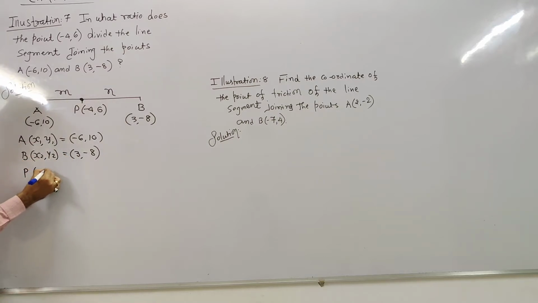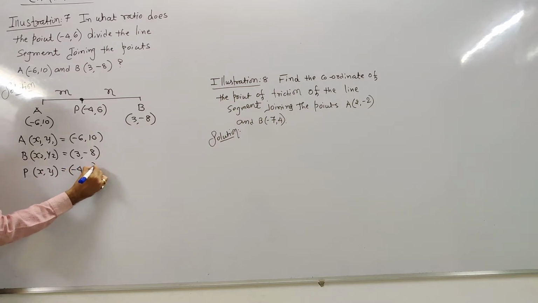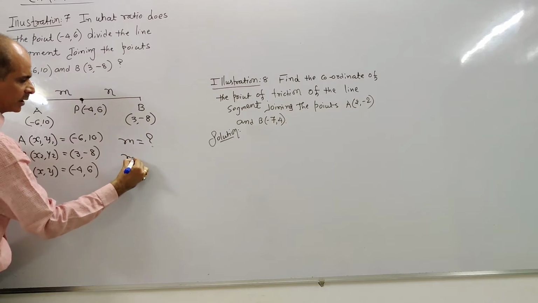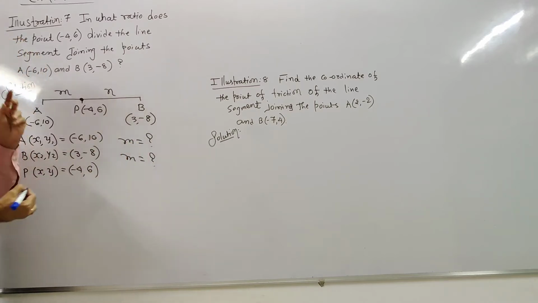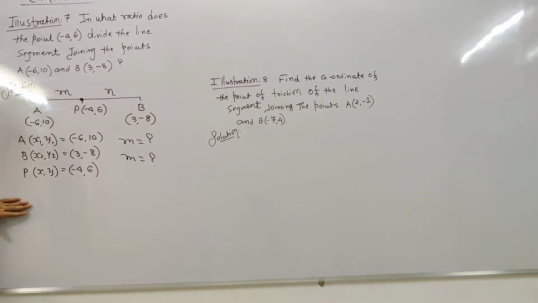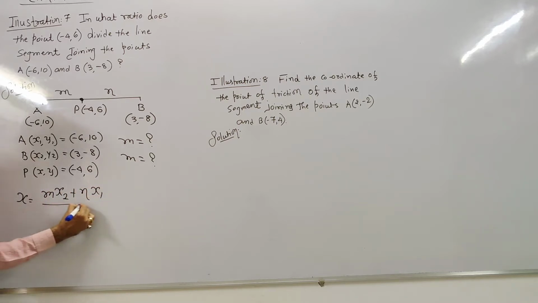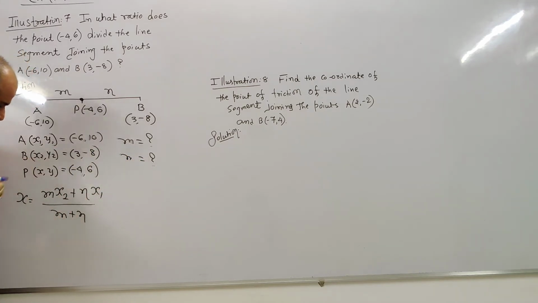P: (x, y) is equal to (-4, 6), and your question is m is equal to question mark and n is equal to question mark. Now let us use the section formula. You know what the section formula is? x is equal to (mx2 + nx1) upon (m + n).